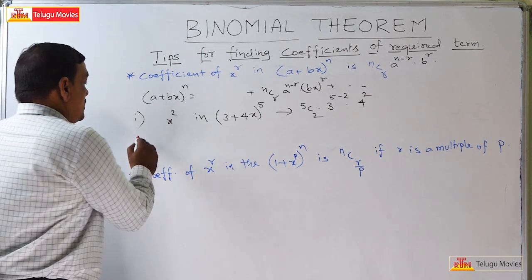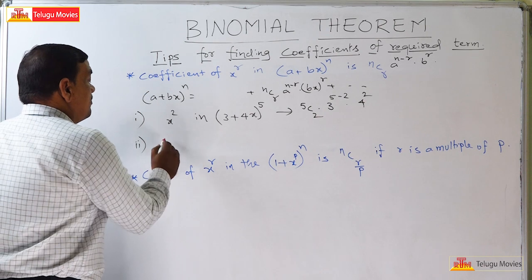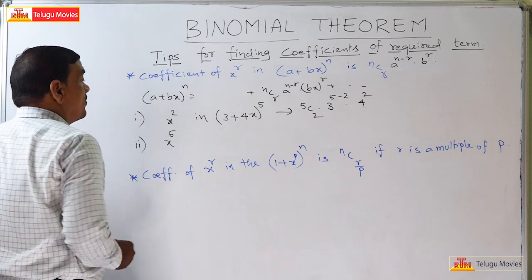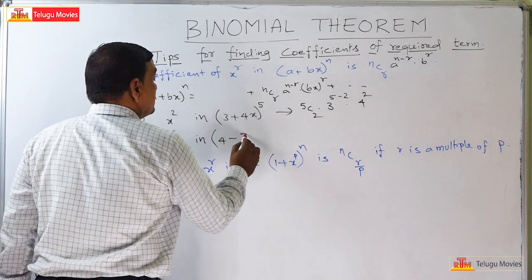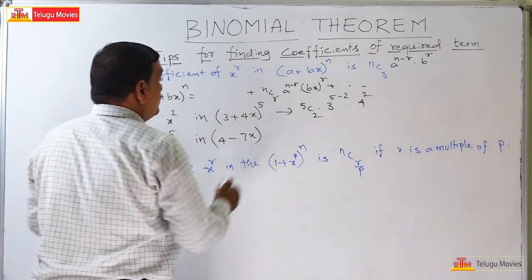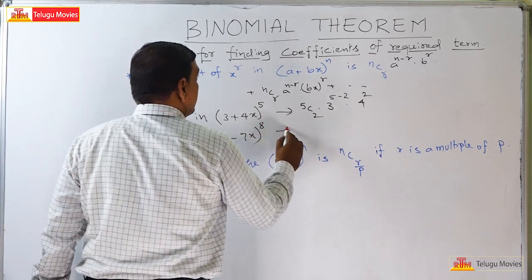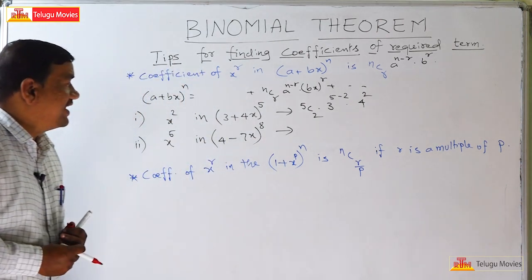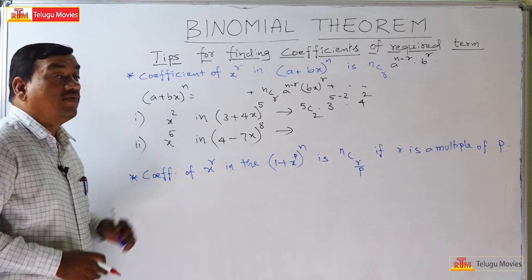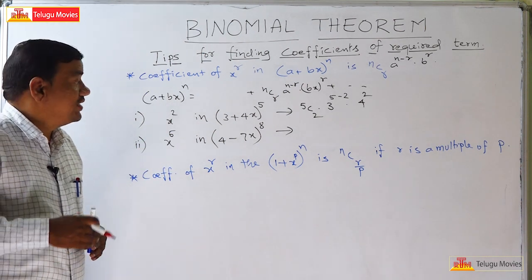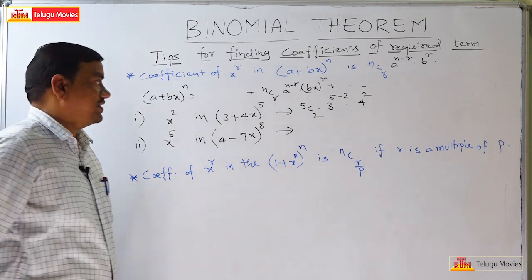Next one. Second one is, for example, the coefficient of x to the power of 5 in the expansion of (4 minus 7x) whole to the power of 8 is. See here, x to the power of 5. 5 is an odd number, so definitely minus will come outside.